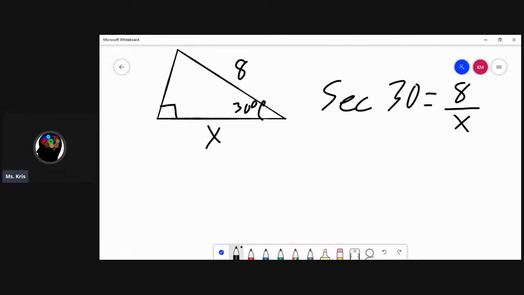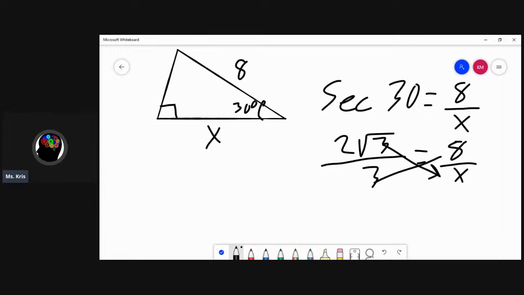So I put my hypotenuse on top, my adjacent on the bottom. Now, secant of 30, its trig value is 2 square roots of 3 over 3. And of course, that equals 8 over x.